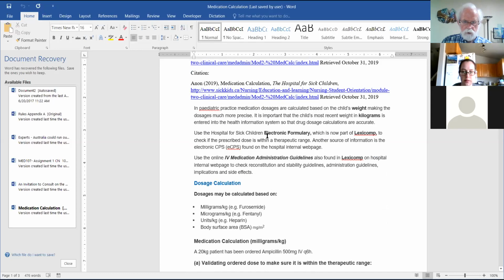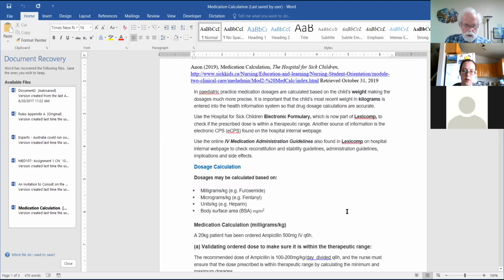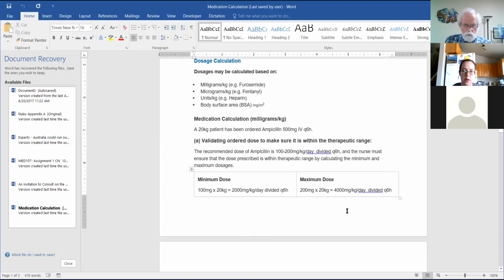There are a couple of references here to web pages on hospitals and so forth for looking at some of these abbreviations. This one I picked out of a learning module for nursing, but it's very useful for all of us.